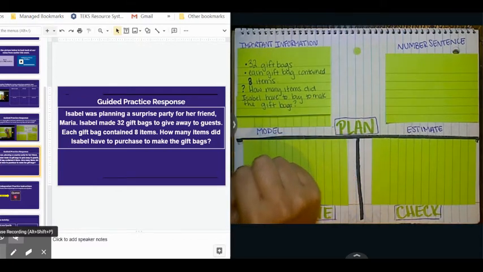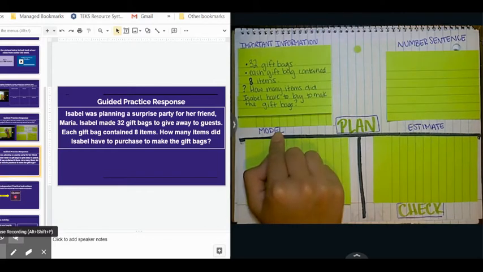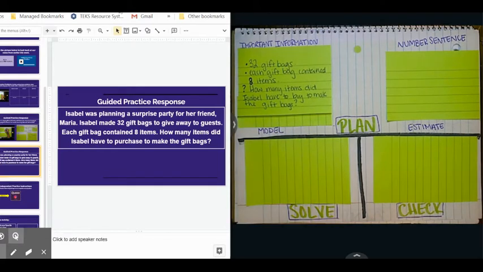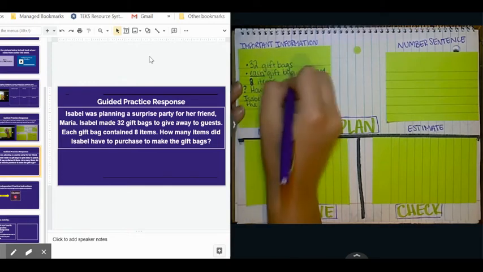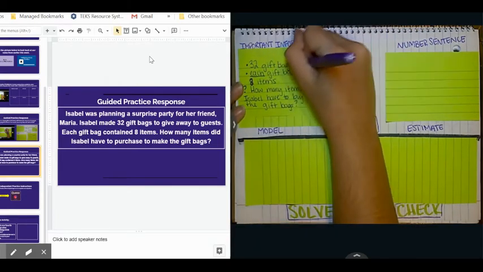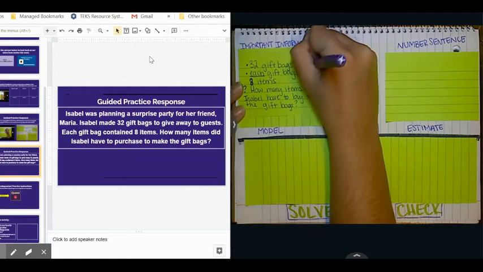Now we need to think about what model or what operation we need to do in order to solve our problem. So looking for keywords, I see that we are looking at each gift bag, which means that there are equal groups.